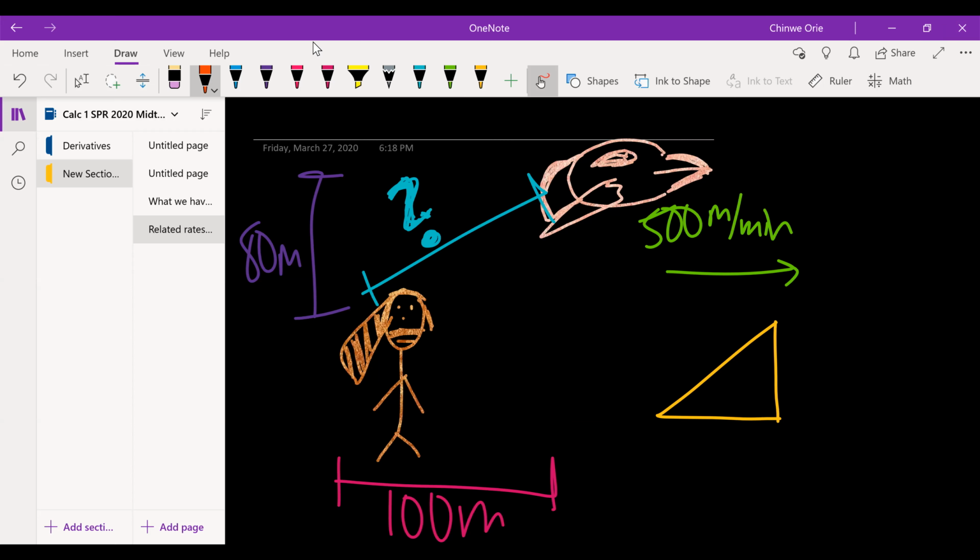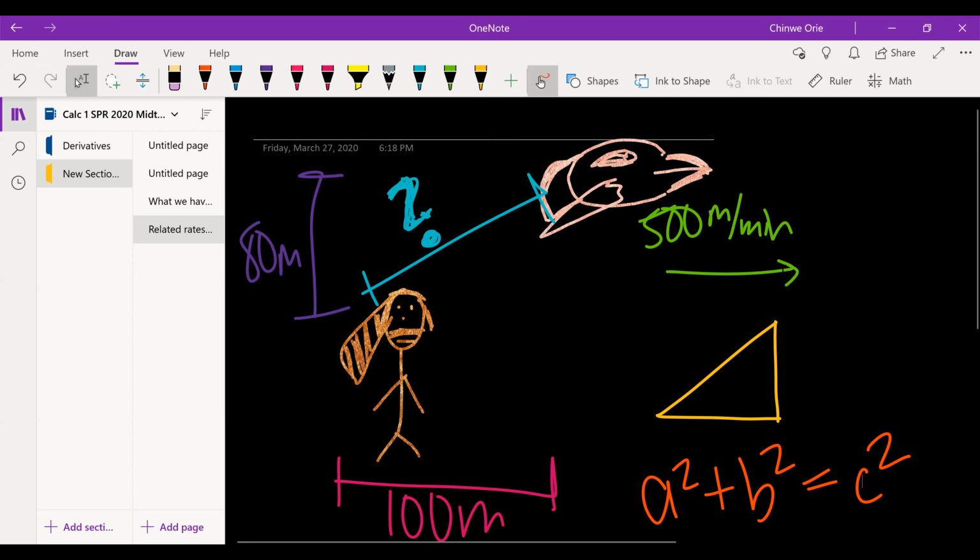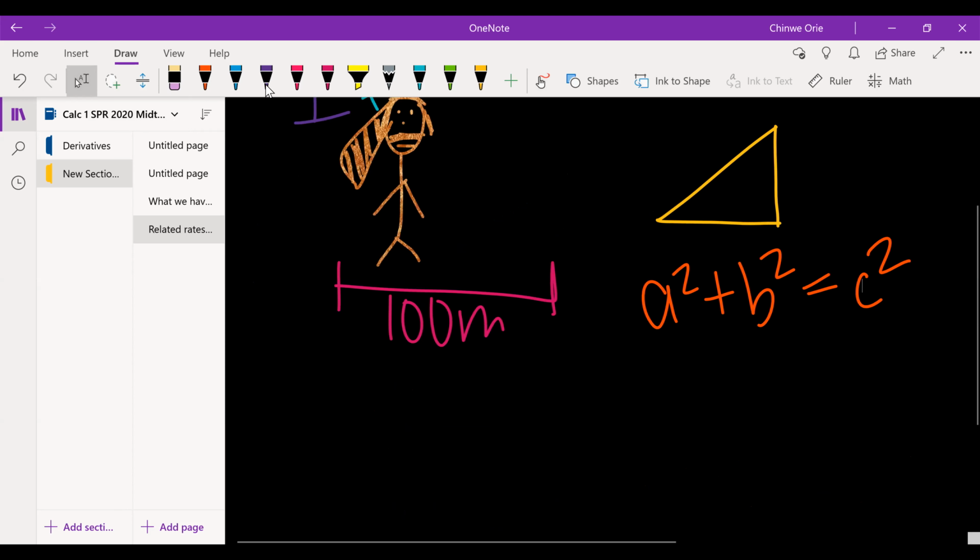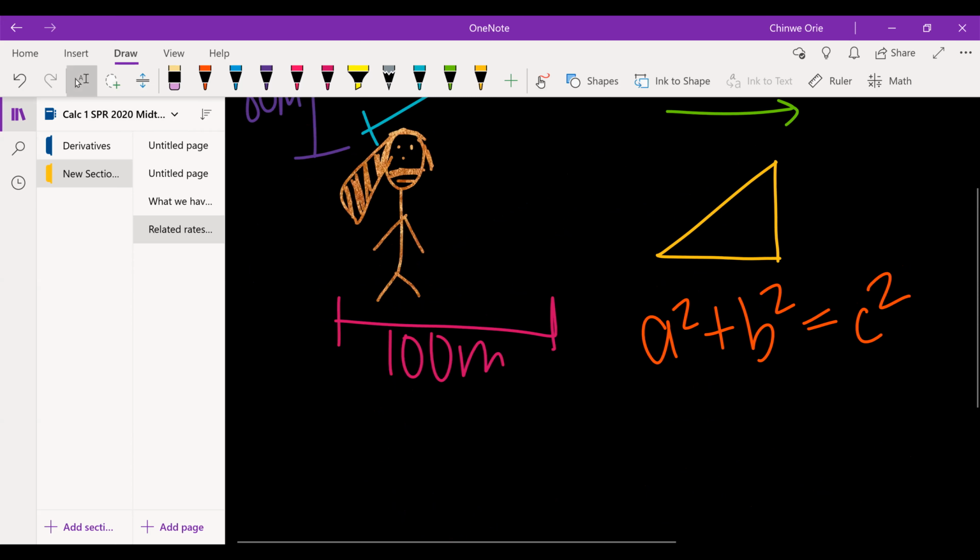Cool. So we've got a squared plus b squared equals c squared. C is the hypotenuse. I'm going to use x, y, and z, not a, b, c, because that's what I wrote on my paper, and that's just kind of how you're thinking about it in math terms. But yes, they're the same thing. So I'm just going to draw an arrow. Okay.